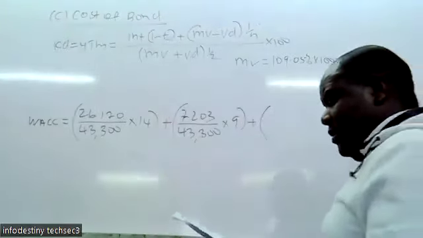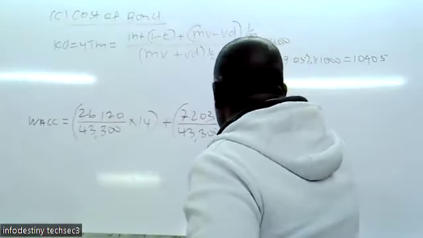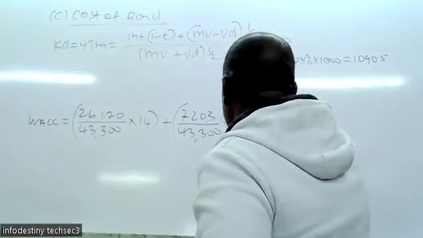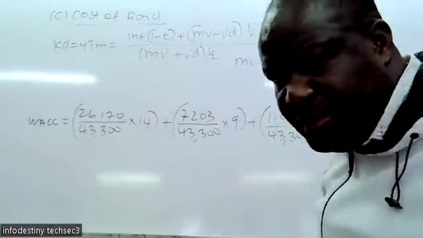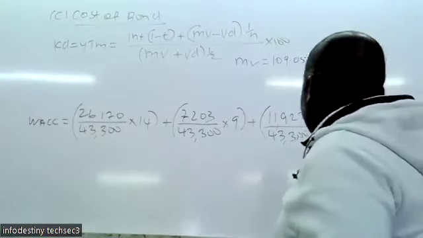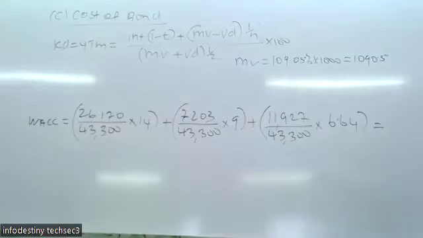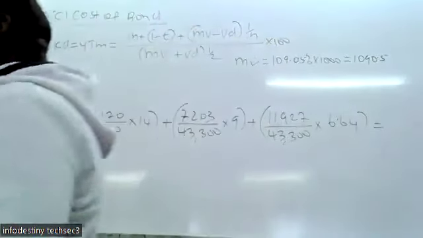Finally the bond: 11,927 divided by 43,300, multiplied by 6.64. Add them together and they will give you the WACC.